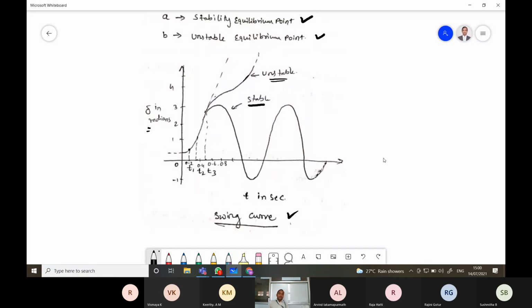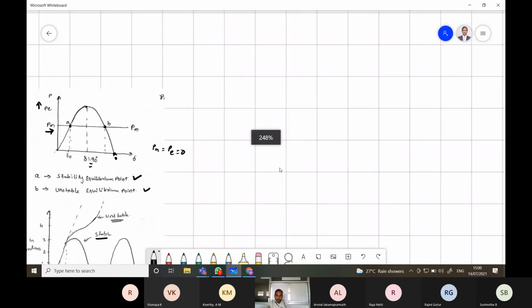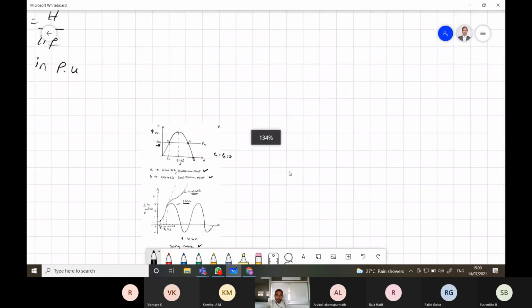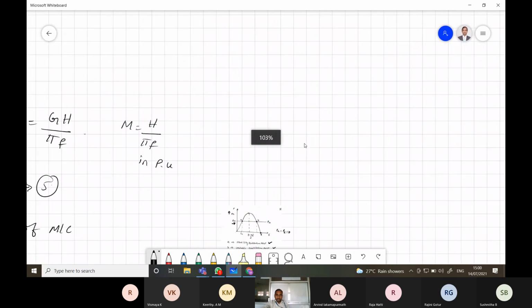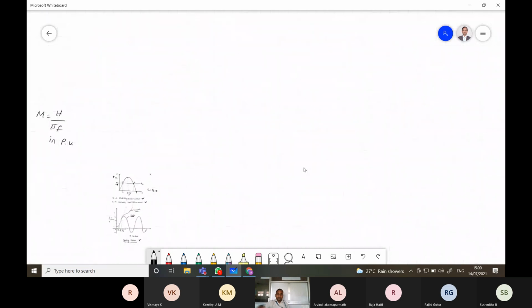So now, machines swinging coherently. Next is machines swinging coherently.